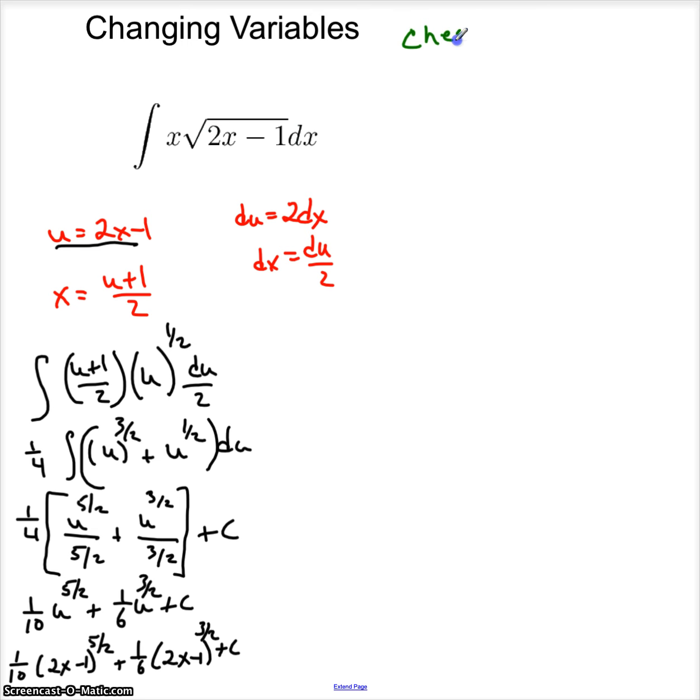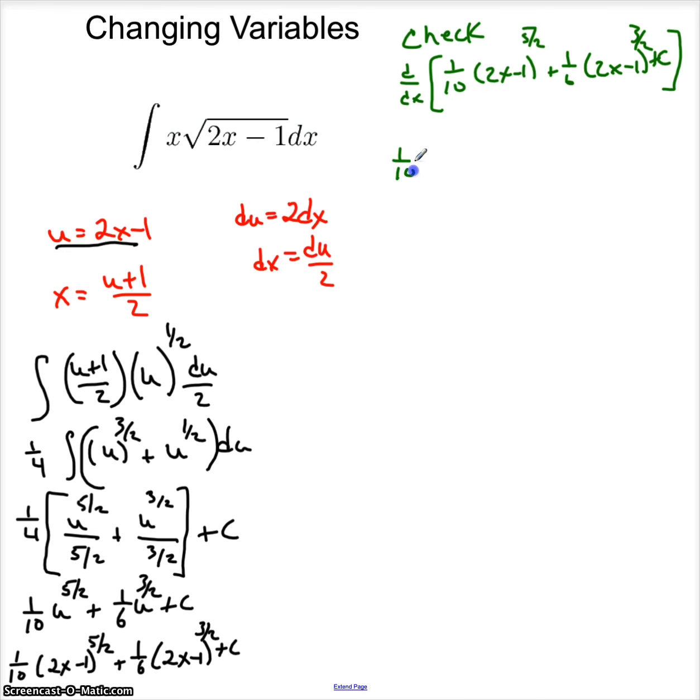Let's do our check. I'm going to take the derivative with respect to x of this thing: 1/10 (2x minus 1) to the 5/2 plus 1/6 (2x minus 1) to the 3/2 plus c. All right, let me see if I can get this right.